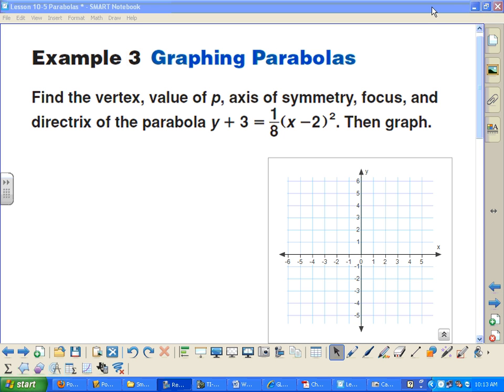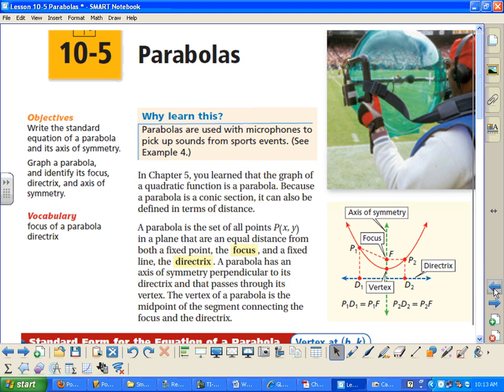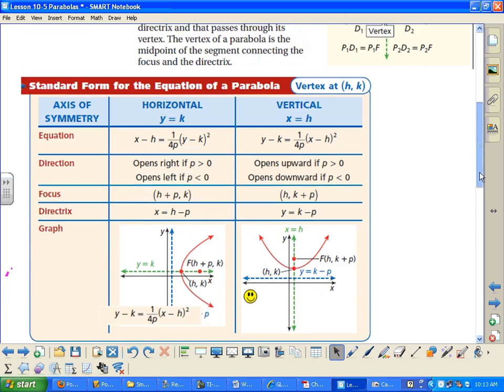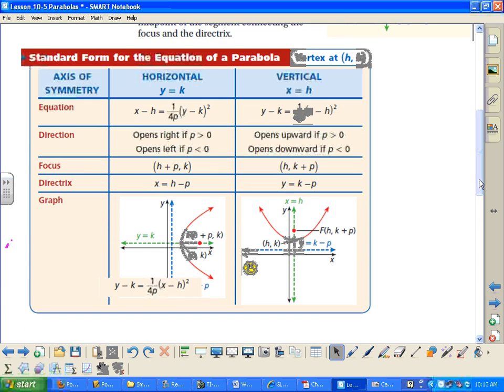So this is a y equals equation, which means it's going to open which way? Up, because it's positive 1/8, right? Y equals a positive 1/8, so it's going to open up. So let's go back here for a second. We need all of this information here, where it opens vertically.